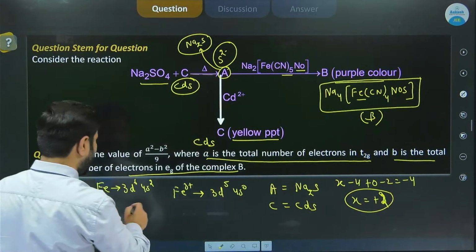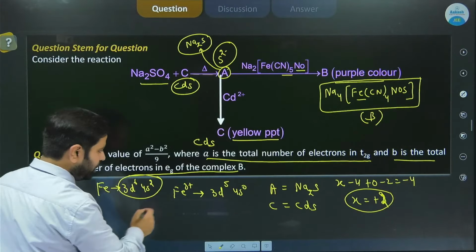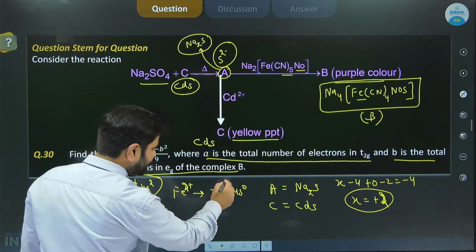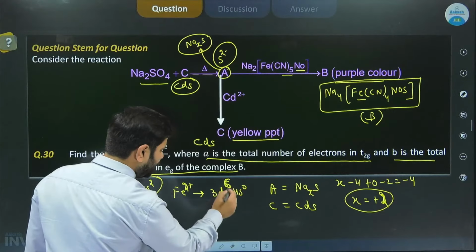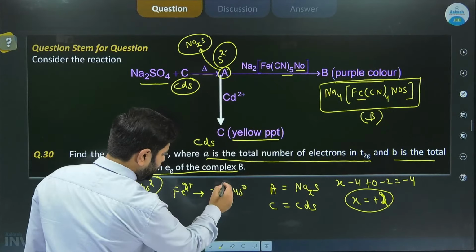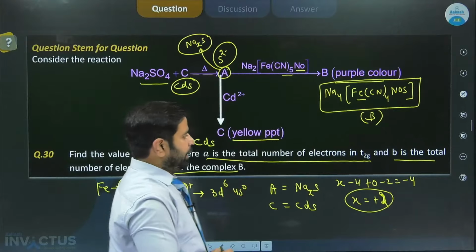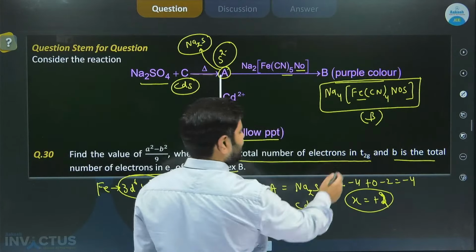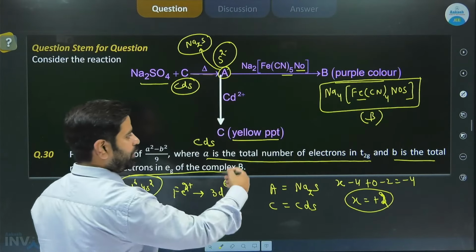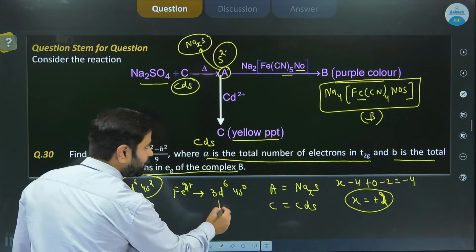Okay, so iron is 3d6 4s2 and Fe2 plus is 3d6. Now, Fe2 plus is 3d6. It is asking about the number of electrons in t2g. So it is an octahedral complex.